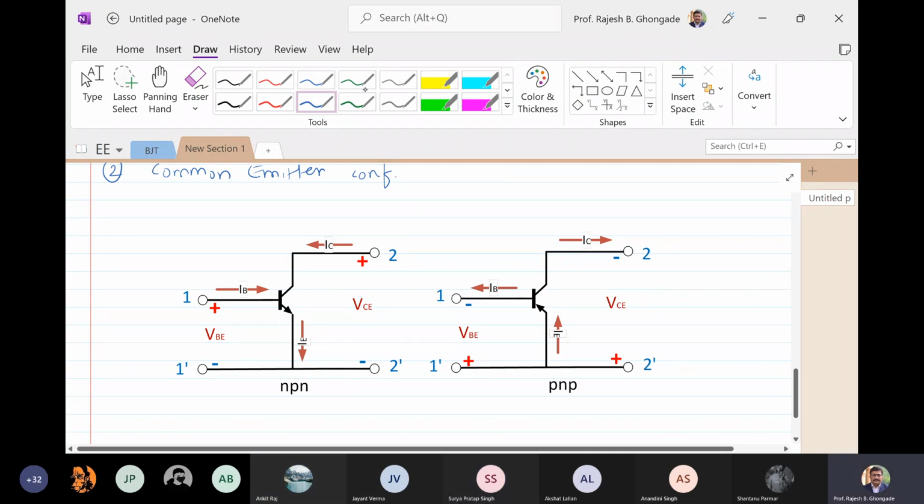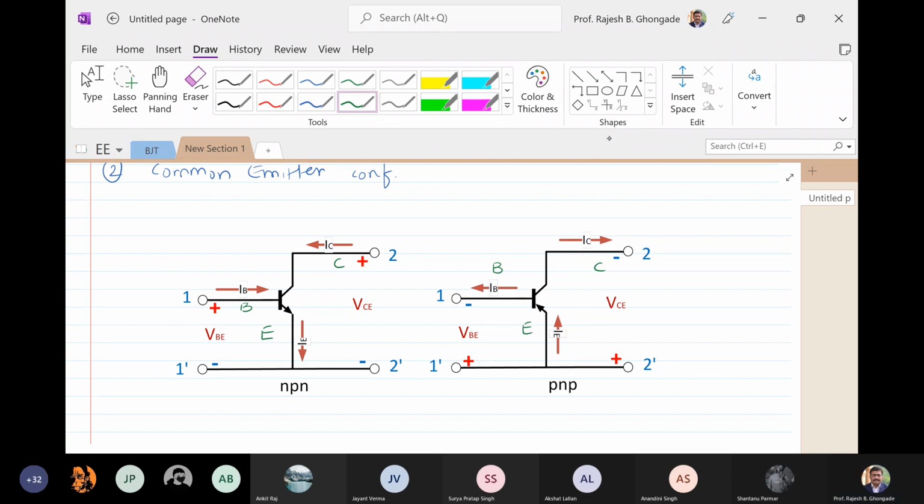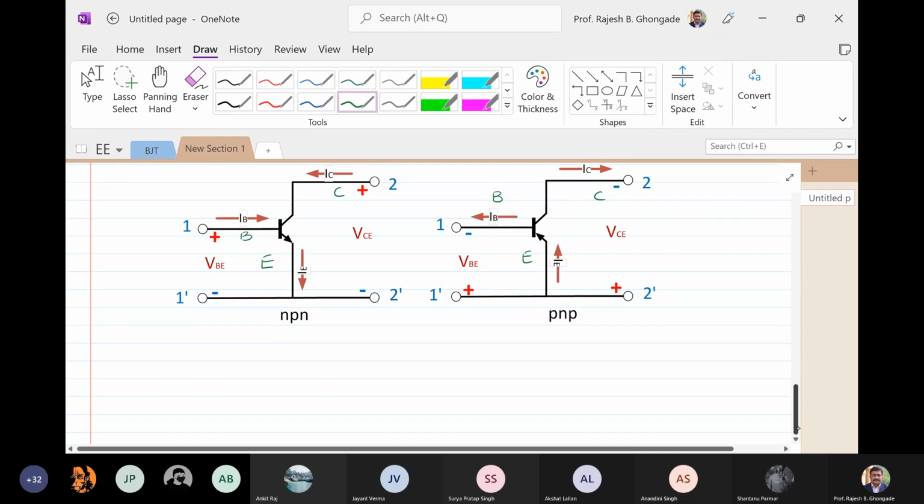Yes, sir. यहाँ पे क्या दिख रहा है अभी? This is your base, this is your collector, and this is your emitter. So ये भी एक possibility है ना. You can keep the emitter common to both the input and the output ports. ठीक है? Yes, sir.